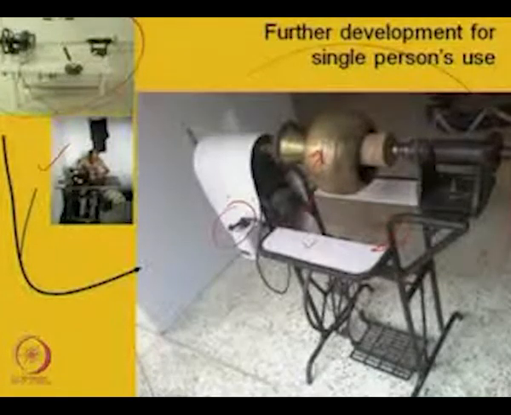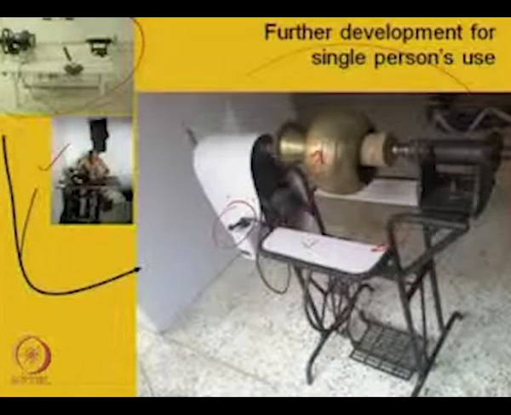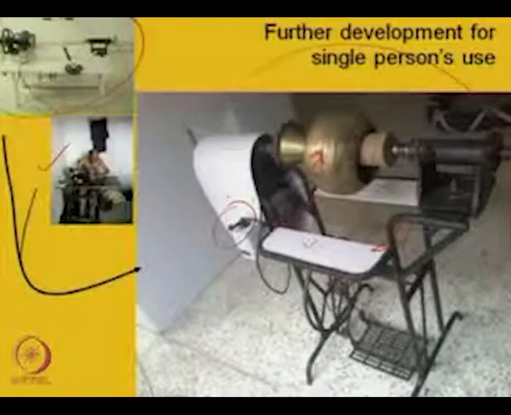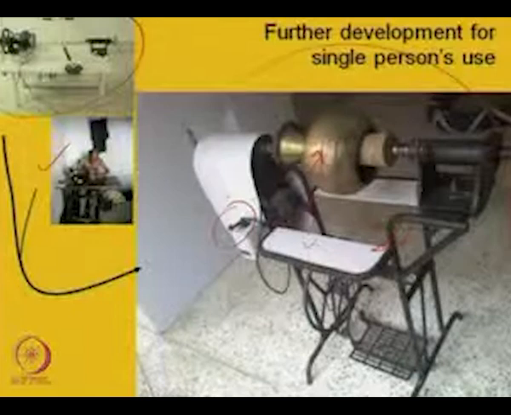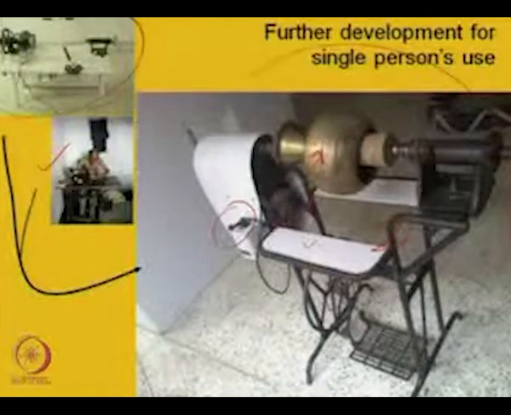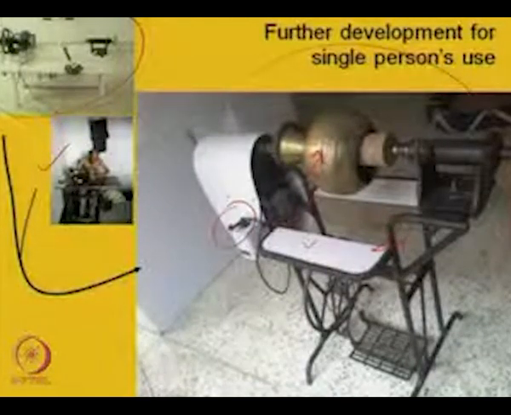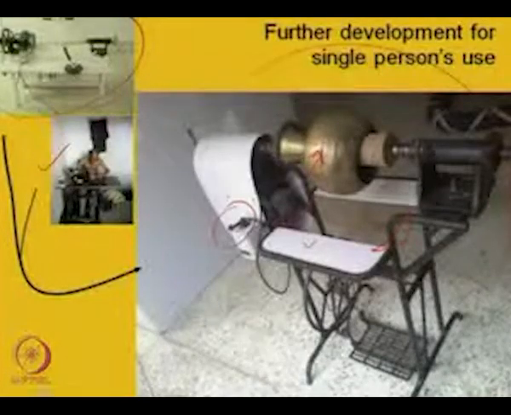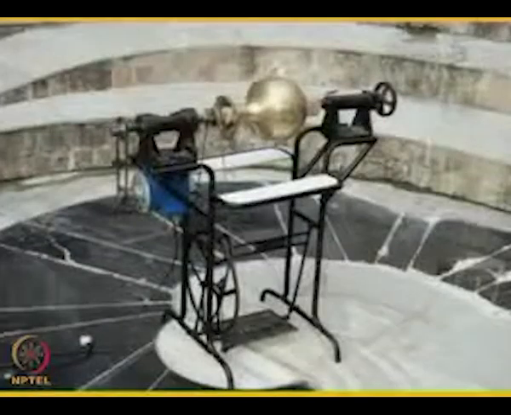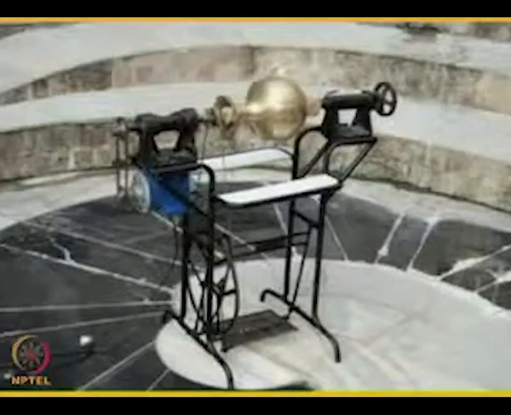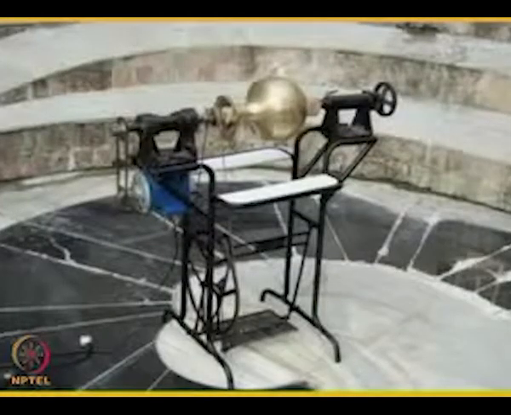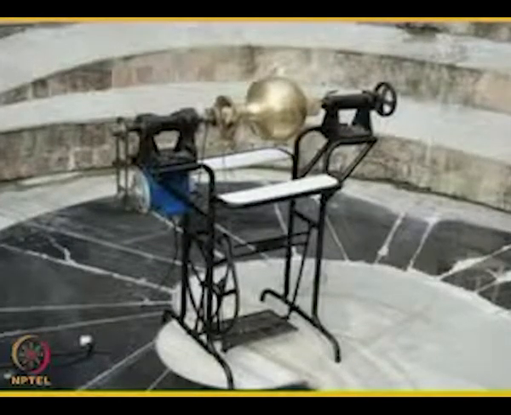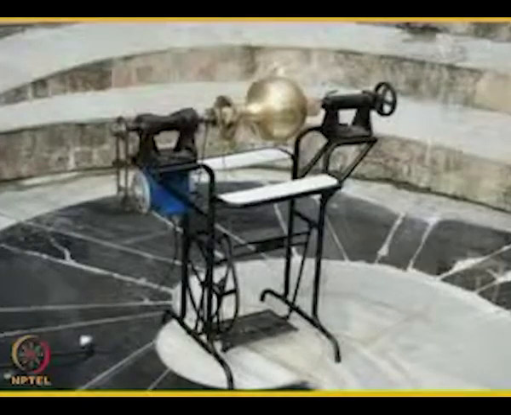When power is not available, in a power failure, then using a simple swing type facility with leg movement, this work can also be continued. So, this type of development was done considering a single person's use. Now, from another viewpoint, this is the motor area, how the motor is fixed with a chain, and the person sitting.